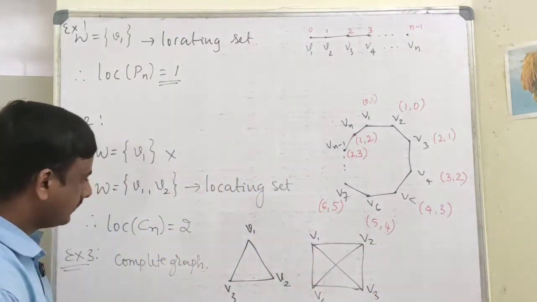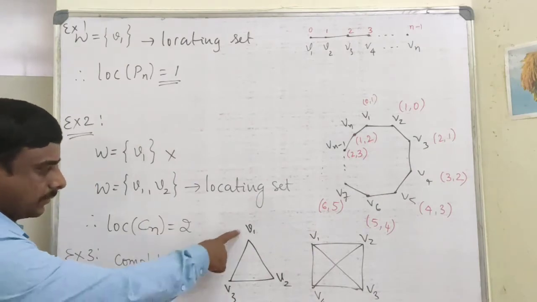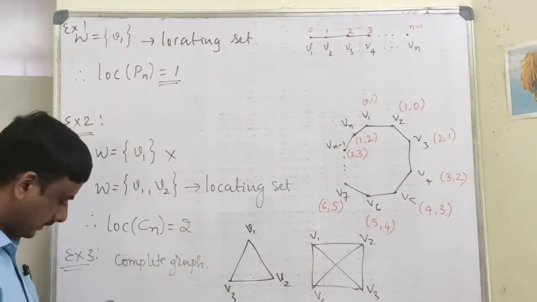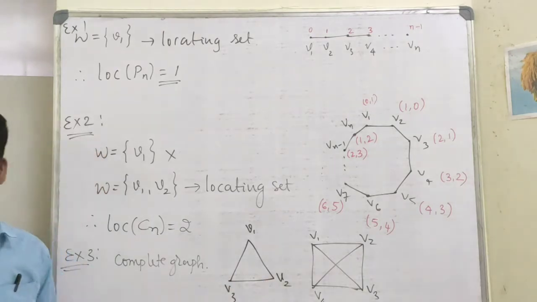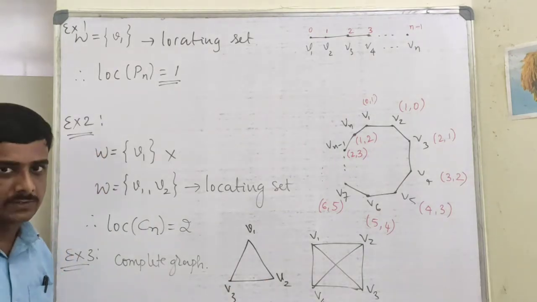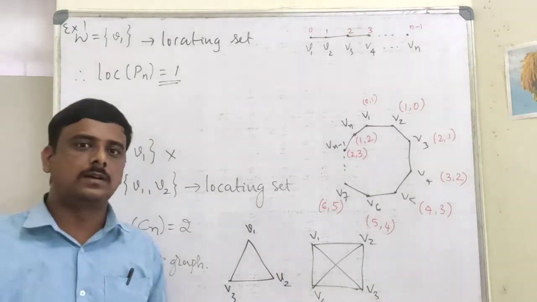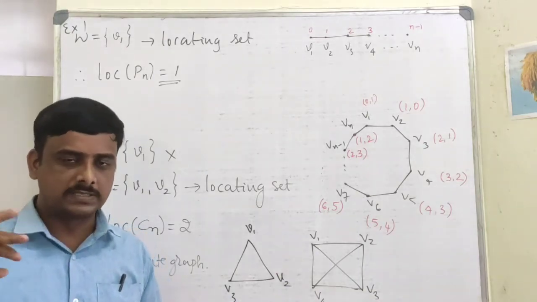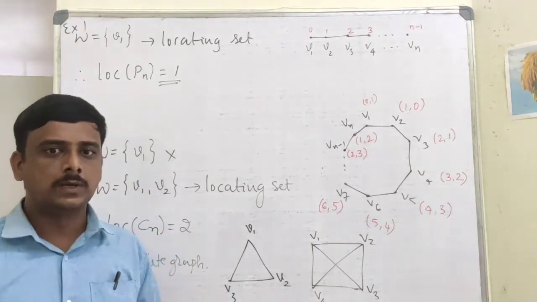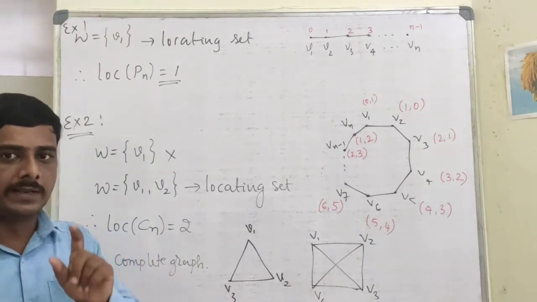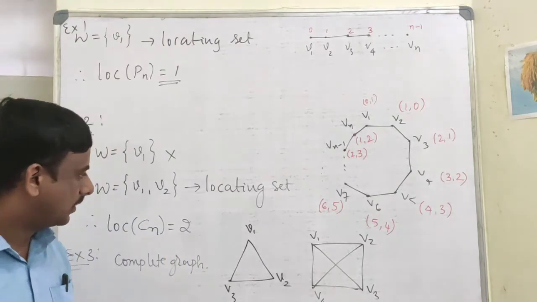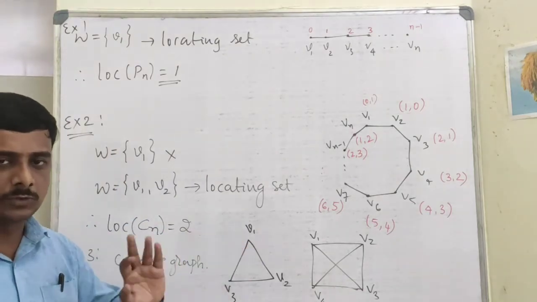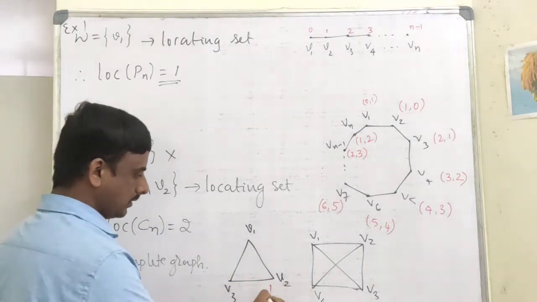Now, if you take a single vertex V1, then the remaining vertices will each get code only 1, because in a complete graph the distance between any two vertices is 1. So a singleton vertex is not possible because we get 1, 1.